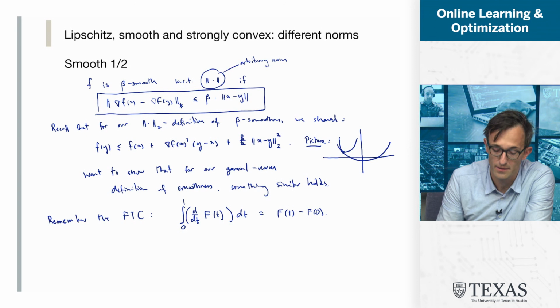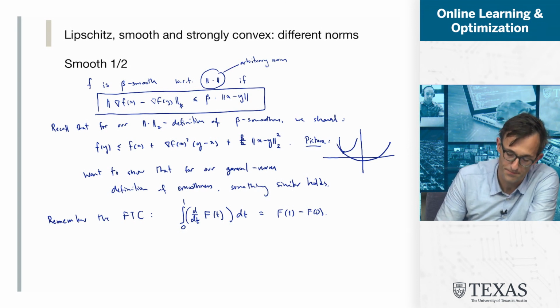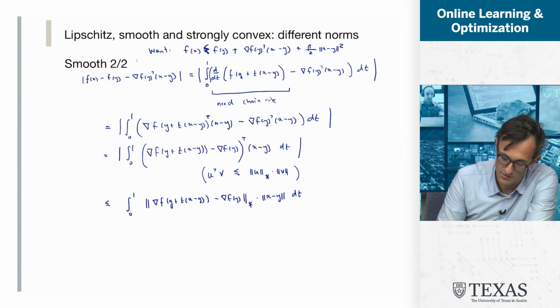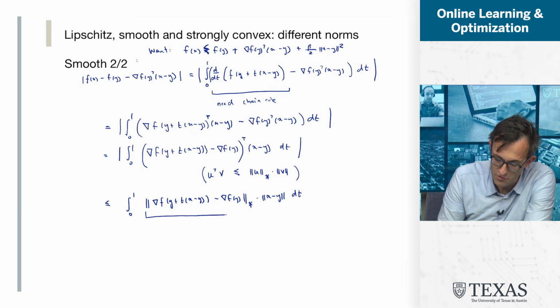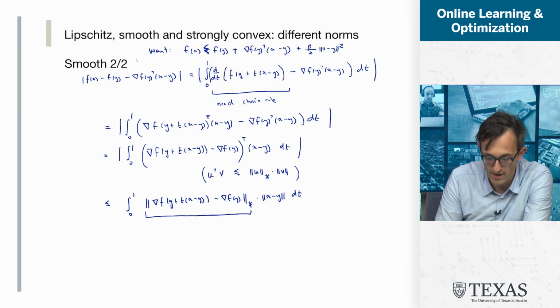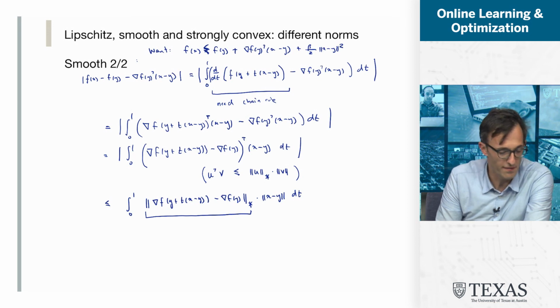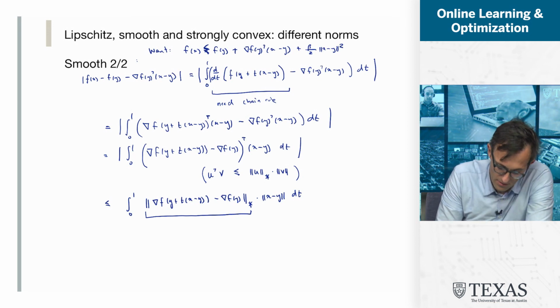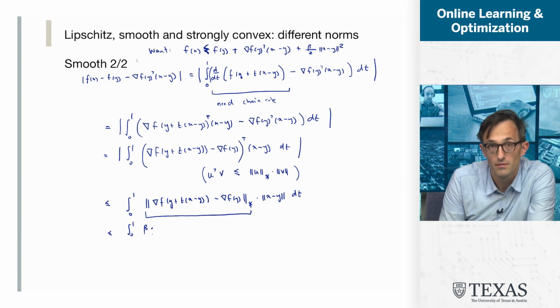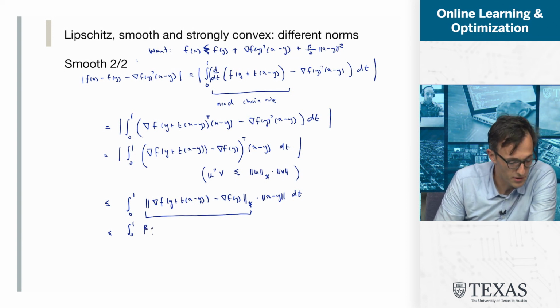So let's go back and see how this fits. You see here, I have the gradient of f evaluated somewhere minus the gradient of f evaluated somewhere else. So this is upper bounded by the integral from 0 to 1 of beta times the difference here. That's exactly what the gradient being Lipschitz means.